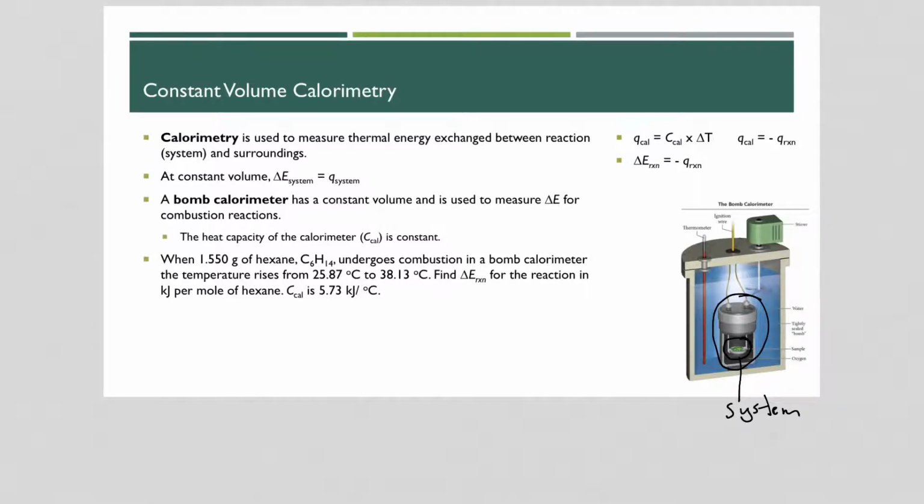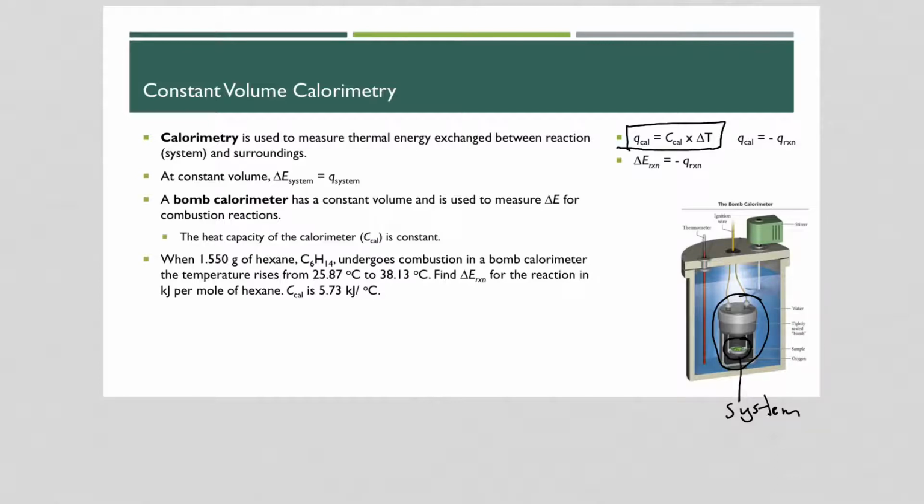Now, remember when we talked about our equations, right? When we first introduced heat, we introduced this basic equation of Q equals C times delta T. This equation is appropriate for this particular type of calorimetry, and this is really the only place where we use it in this chapter, because we don't have to worry about, like we did in the previous examples, a certain material where we want to use specific or different masses of that material.